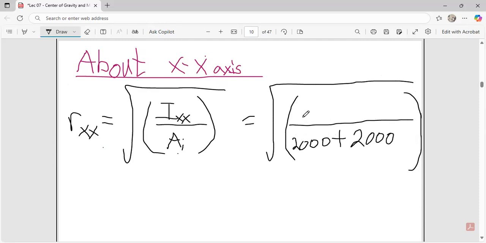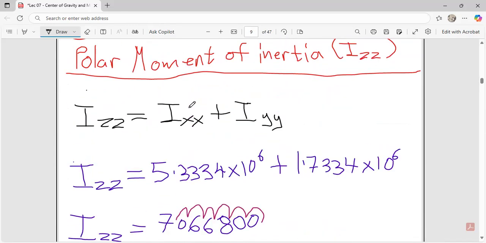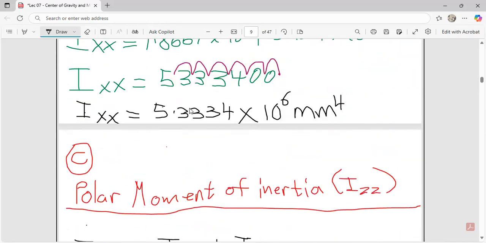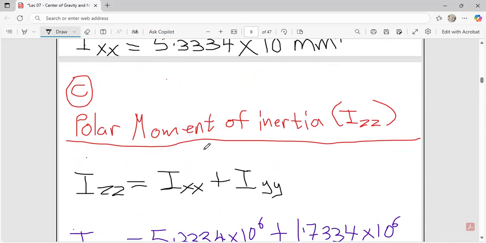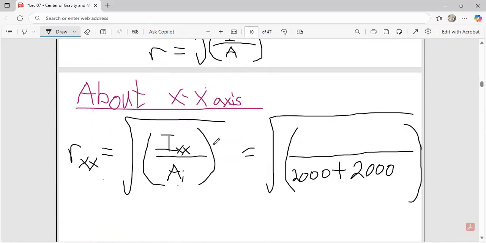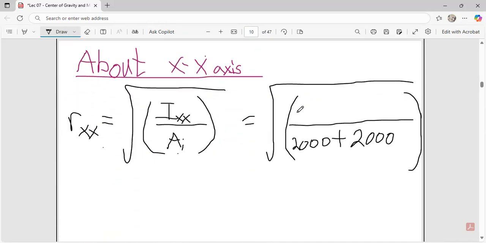And then the moment of inertia at X, at the end of the day, we had 5.3334 times 10 exponent 6. So we just put that into it.